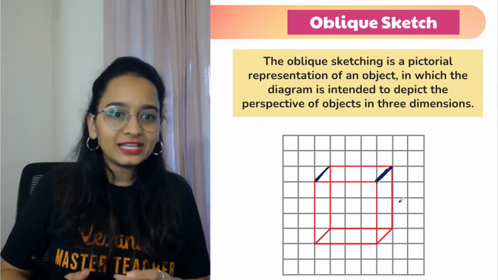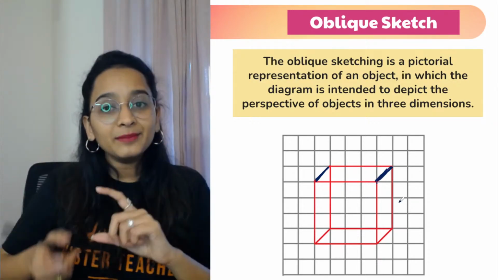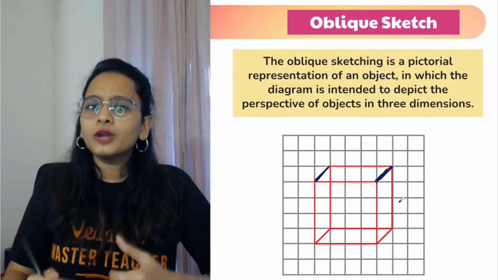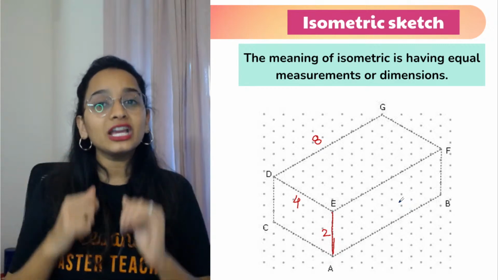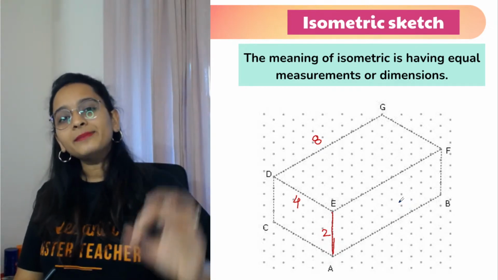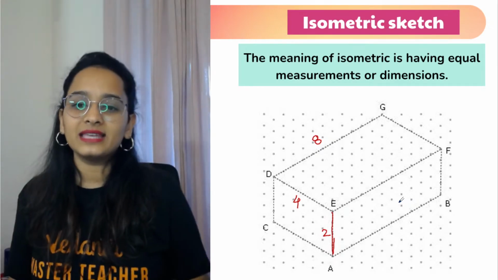So in oblique sketches, the measurements, the dimensions, are compromised. Matlab, they will not be exactly the same as given to you. But in isometric sketches, they will be exactly the same as they are given to you.